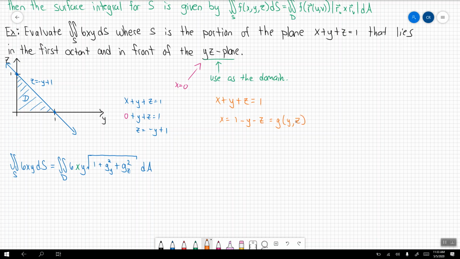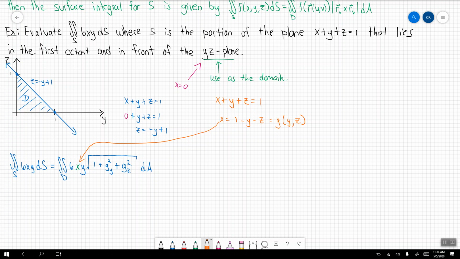And if I have a function in terms of y and z, then I have my function in terms of the domain that I want to observe, which means I now have a value that I can substitute in for that x value in here. So I no longer need that placeholder, which is nice.